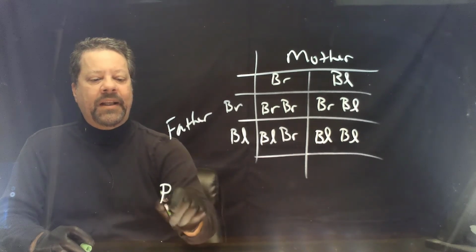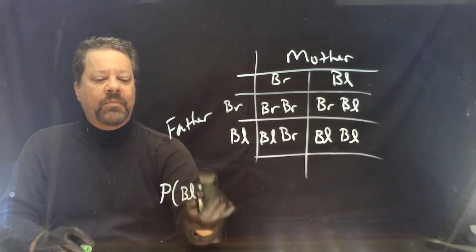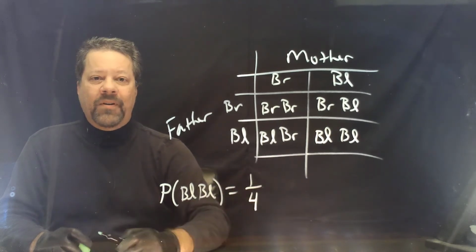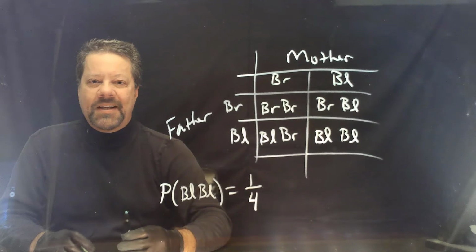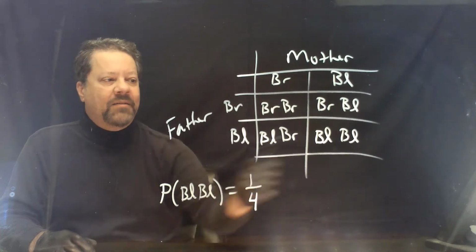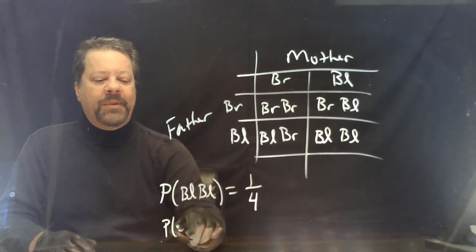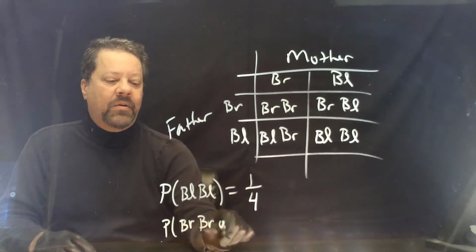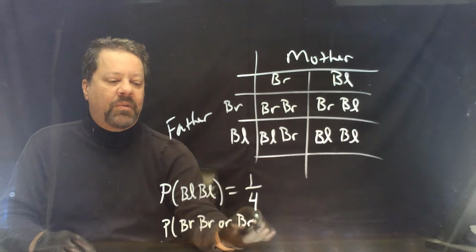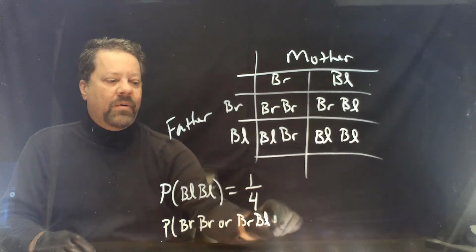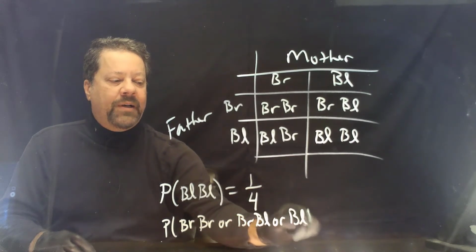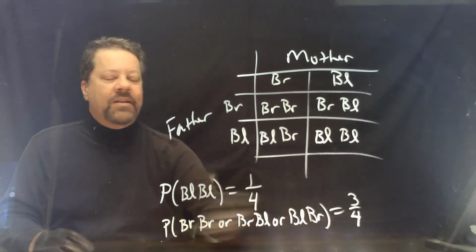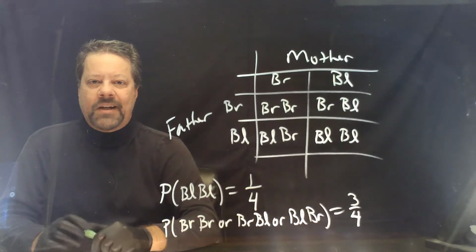So the probability of blue-blue is 1 in 4. There's only a 25% chance of the child having blue eyes. The probability of brown-brown or brown-blue or blue-brown is 3 out of 4. So there's a 75% chance that the child will have brown eyes.